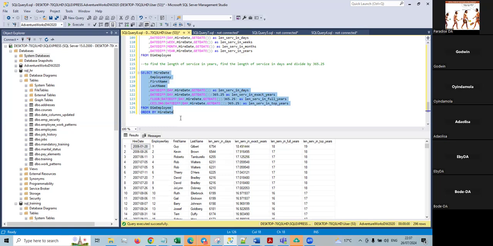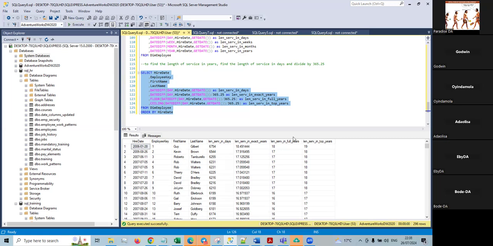Is it ascending or descending order? So it arranges it in ascending order. That means the earliest hire dates come first.